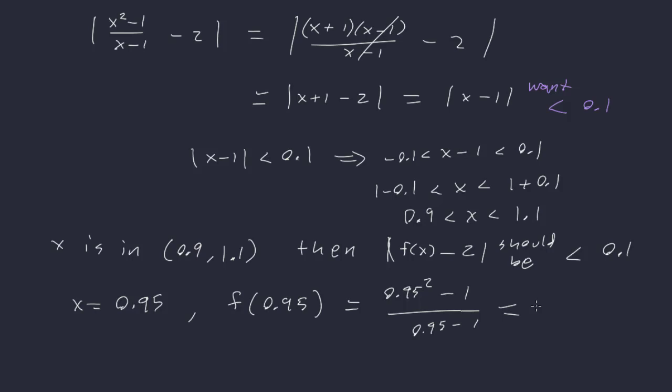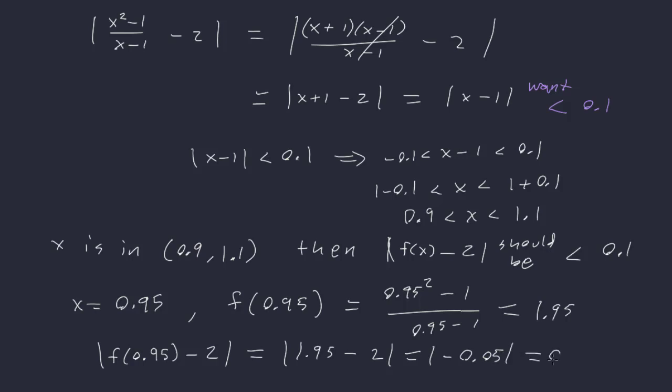Let's see what we get. All right, I got 1.95. So f of 0.95 minus 2, when we take the absolute value, will be 1.95 minus 2, which ends up being the absolute value of negative 0.05, which will be 0.05, which is less than 0.1.